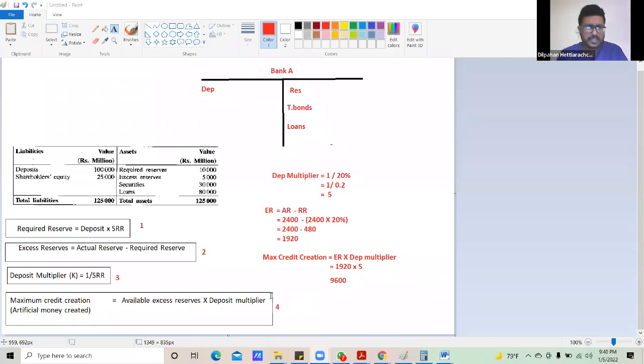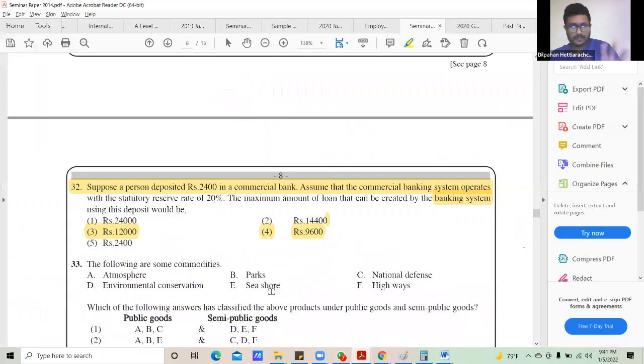Okay, so there are some confusions with the students. So I will explain the way I have done the question once again, right? Whatever calculation you can do from these 4 equations. As per this question, they have told that they received 2,400 new deposit.